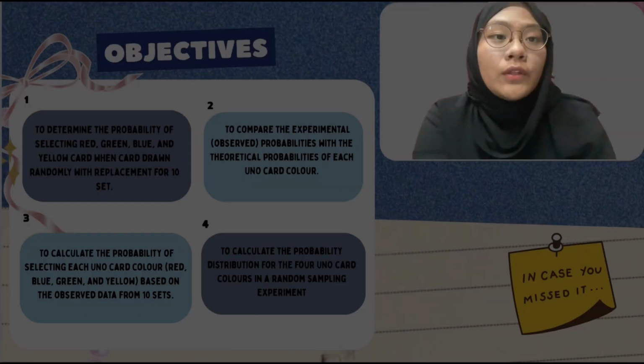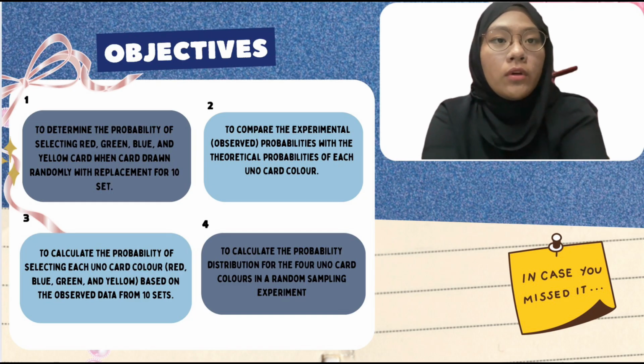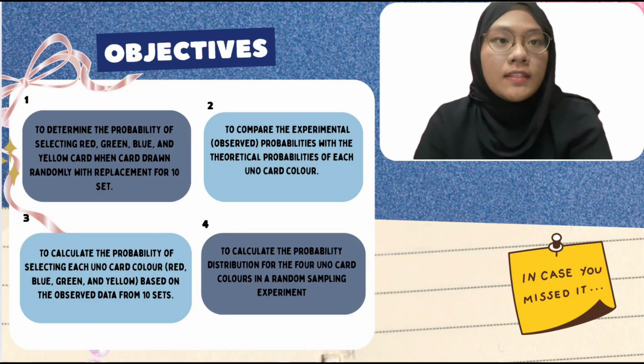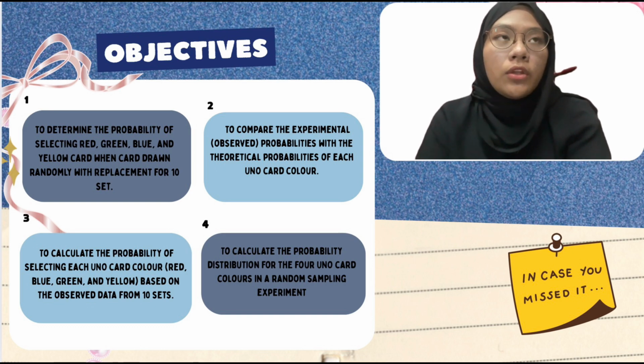So, next is our objective. First, to determine the probability of selecting red, green, blue and yellow cards when cards are drawn randomly with replacement for 10 sets. Second, to compare the experimental probabilities with theoretical probabilities of each UNO card color.